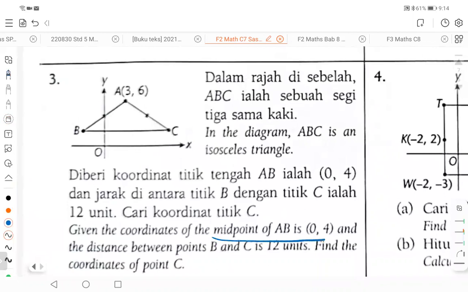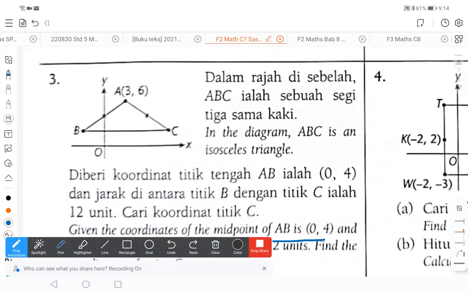Avin, can you annotate on my screen? Where is this point, 0, 4? Can you just plot it on the diagram? On the dot there? Yeah, correct. Thank you. Yes, you're right. This point.